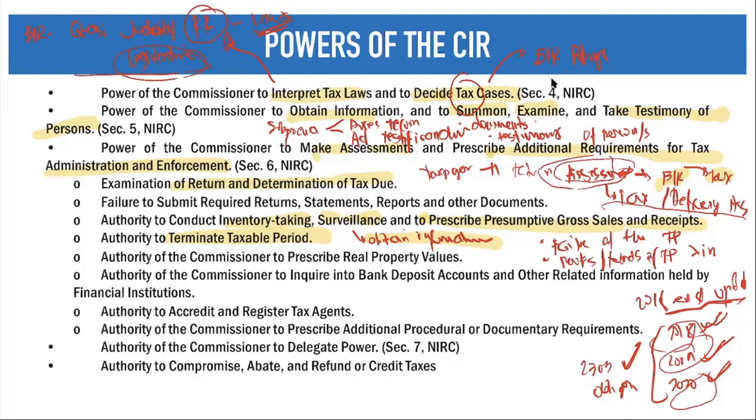Now, what we need to know here in your authority to terminate taxable period is when do we terminate a particular tax period? So one is, of course, if there is already a termination of business, as we have said. Another, if ever there is an intention to leave the Philippines, you must already terminate your taxable period.